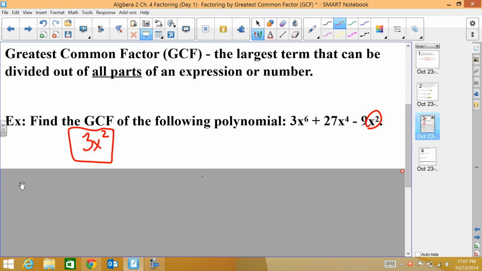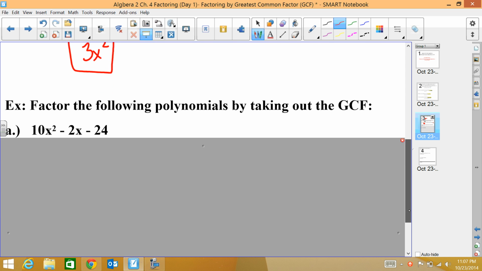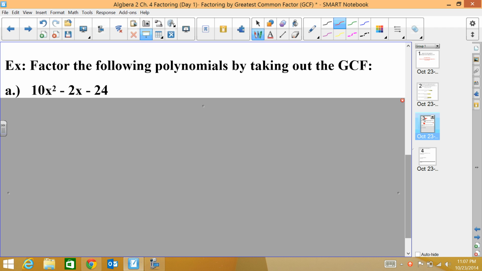So now let's go one step further. It says factor the following polynomials by taking out the GCF. So when it says factor, that means you have to come up with 2 things that can be multiplied together to get this product of 10x squared minus 2x minus 24.